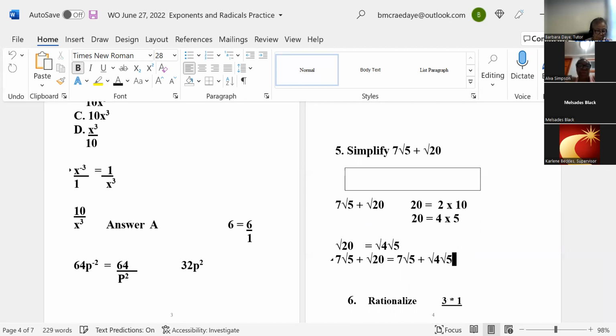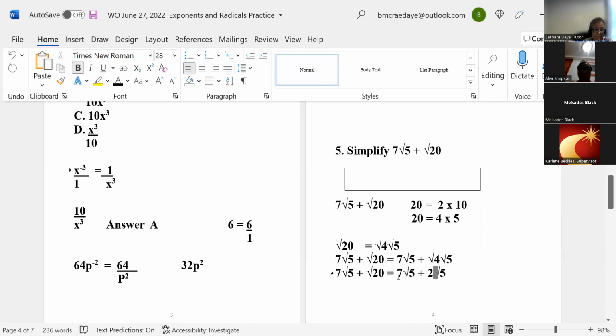We're not finished yet because the square root of 4 is what, Alba? 2. So let me copy that and we put our 2 there. You just showed me the square root of 4 is a 2. Now, I have coefficients of square root of 5, right?